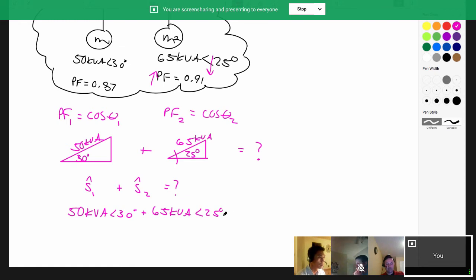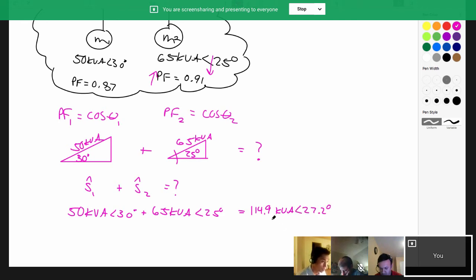Who's got a calculator that can crunch that out without having to convert to rectangular? 114.8 kVA to the angle 27.2.